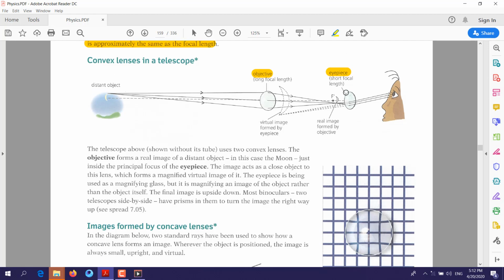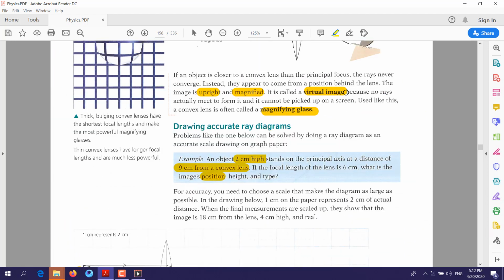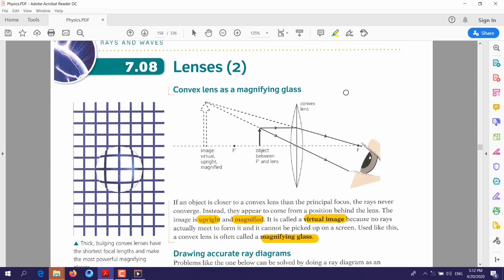Let's go back to the beginning of the lesson. Here we said, when you have a convex lens and the object is closer to the lens, it will form an image, and this image will be magnified.